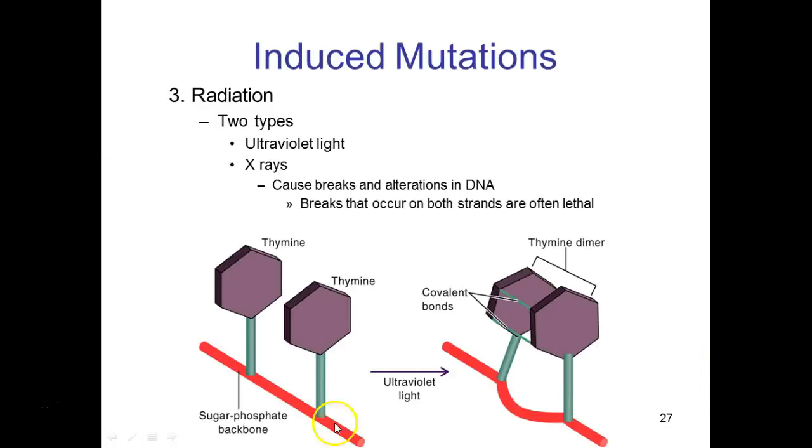Oh, yeah, that too. Okay, so you get this buckle that happens in the sugar phosphate backbone. Again, remember that sugar phosphate backbone is really important for that enzyme sliding down. So now you've got the bump in the railing. What happens to the enzyme when it gets to this bump?